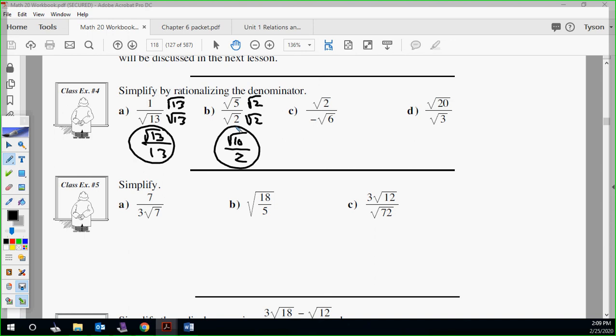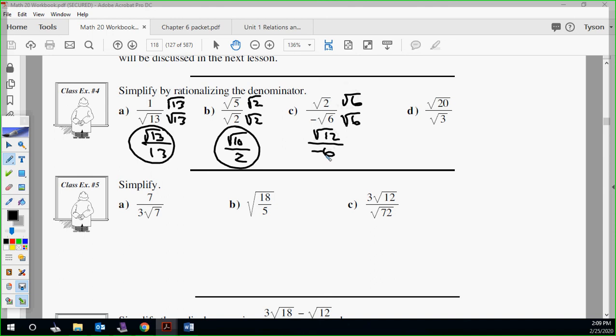Now for C, the negative's not relevant because that doesn't really affect the radical or not. So you can just do root 6. If you want to do negative root 6, that's okay. It's not going to be wrong. But you don't need to. Okay, root 6 gives me root 12 over negative 6.